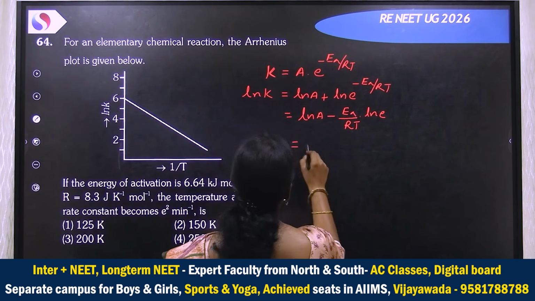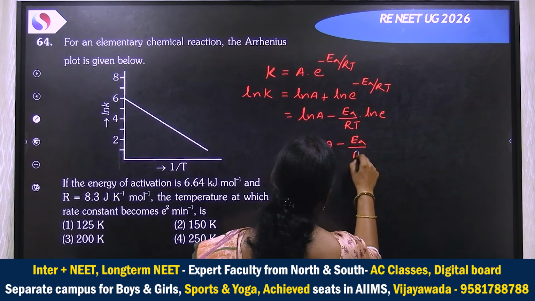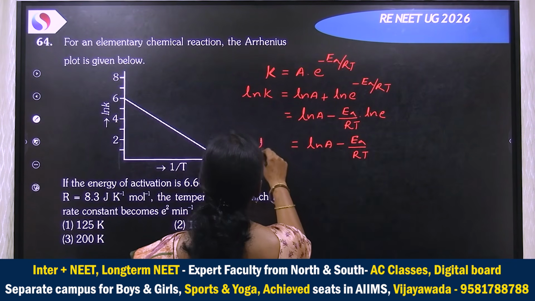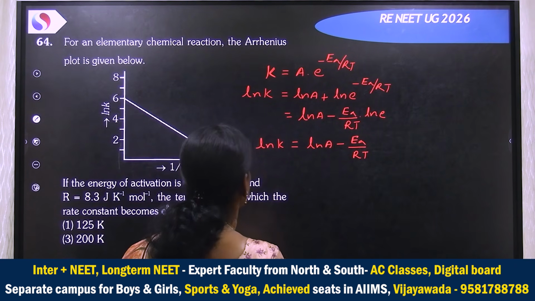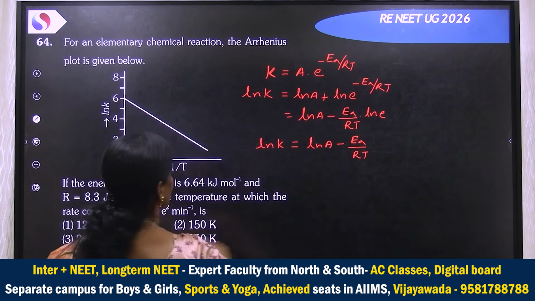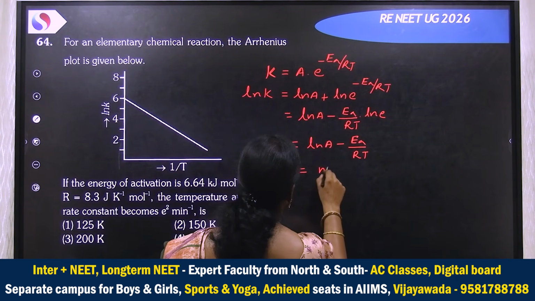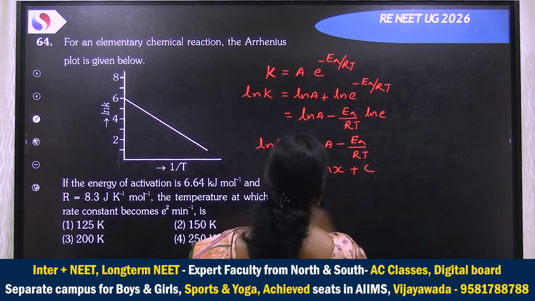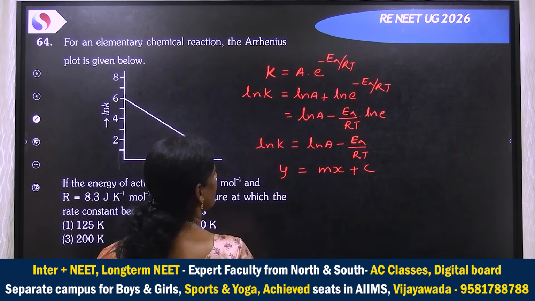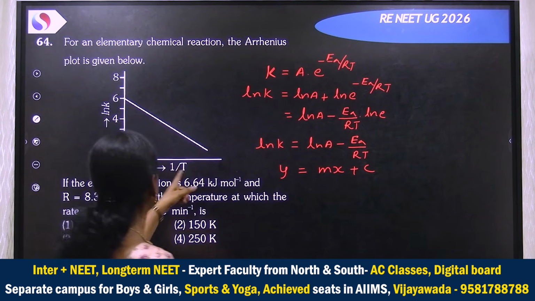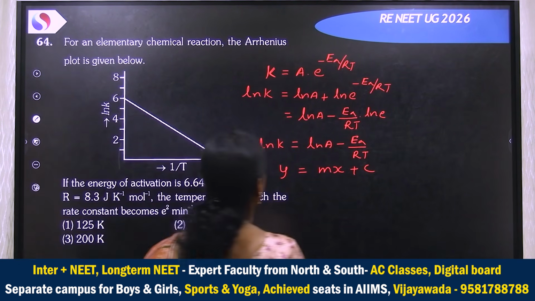So ln A minus Ea by RT is equal to ln k. If we relate this equation to y equals mx plus c, the slope is minus Ea by R, and on the x-axis 1 by T is taken and on the y-axis ln k is taken.